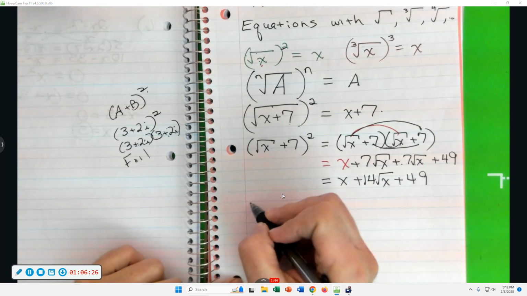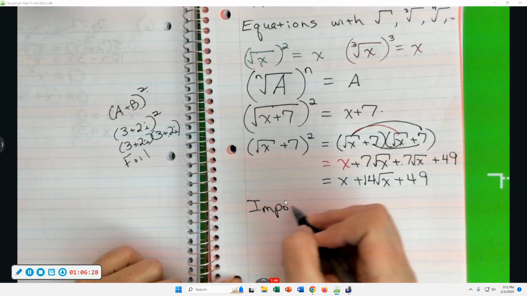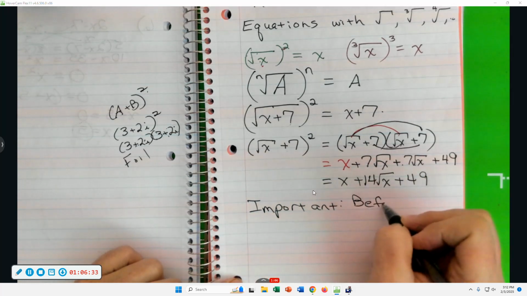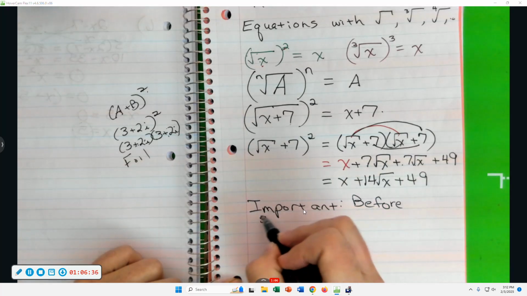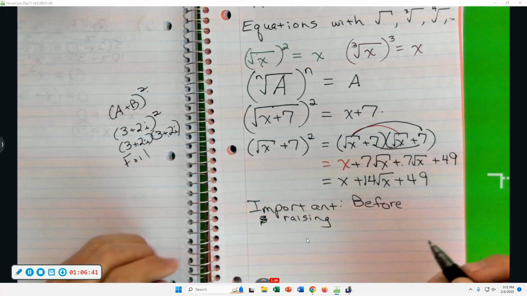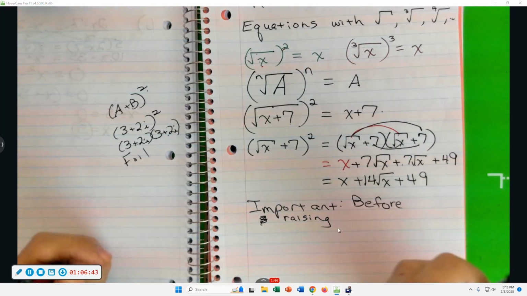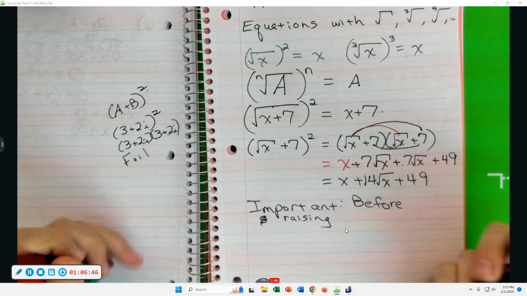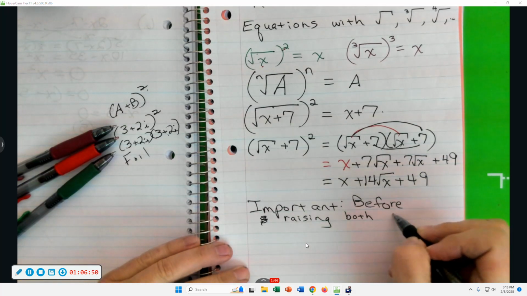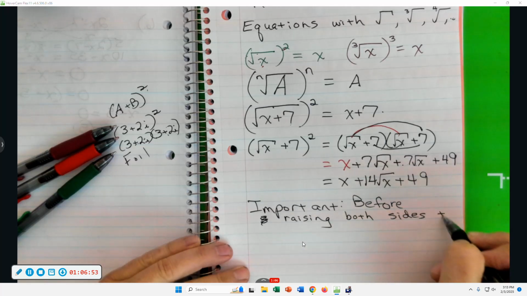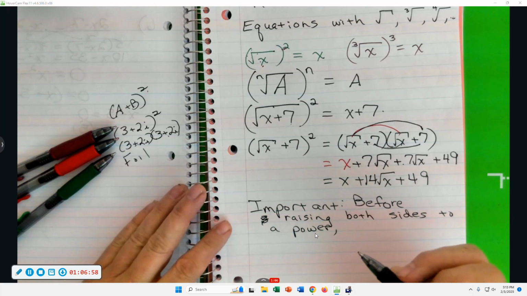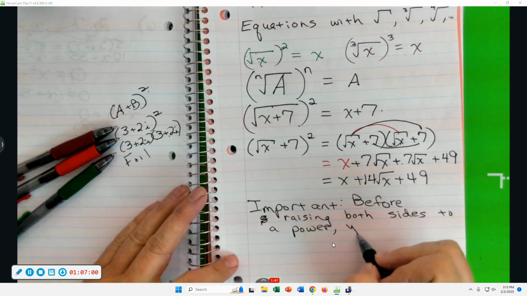I'm going to say important. Before raising both sides of an equation to a power, if it's a square root, you'll square both sides. If it's a cube root, you'll cube both sides. But before you can do that, before raising both sides to a power, you must first isolate a radical term.